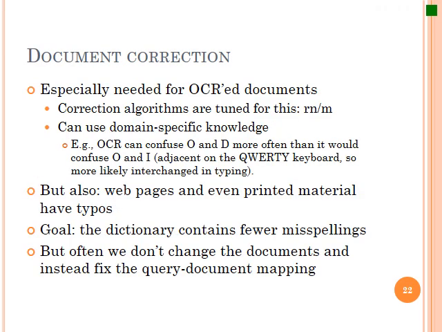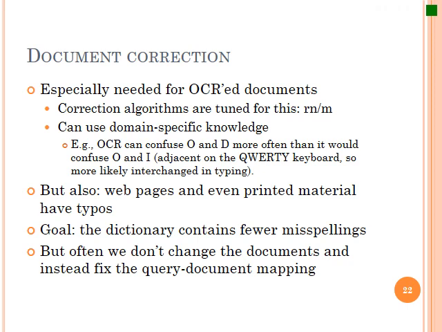Just now I said there are two kinds of corrections. One is to correct mistakes in the document. The other is to correct mistakes in the queries. Correcting errors in the documents is especially needed when your documents are OCR. OCR means that you have a scanned image and you convert the scanned image into text.